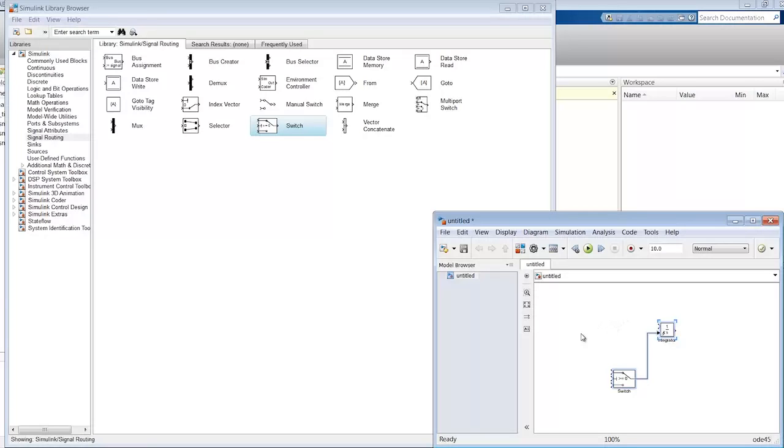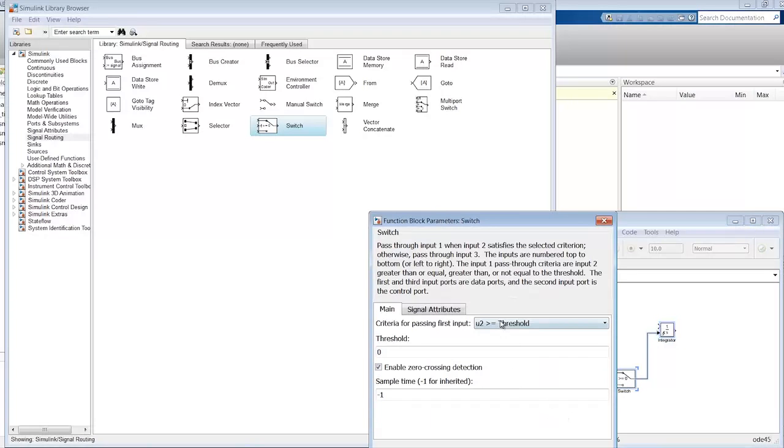Here we can define that when the middle input signal exceeds a given value, for example 80% of the filter's saturation load, the upper input is forwarded, otherwise the lower one. U2 is the middle input signal.